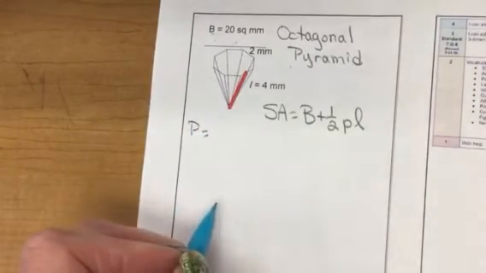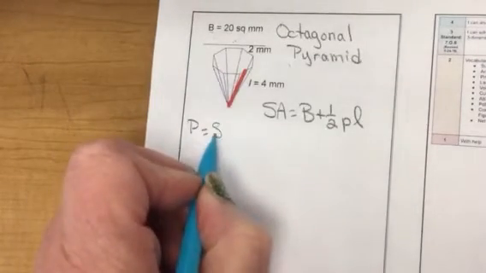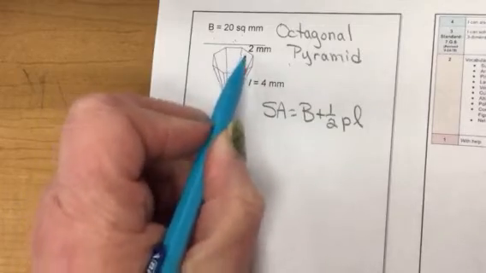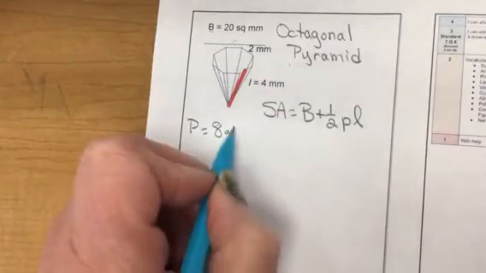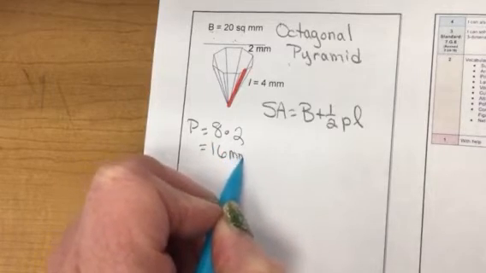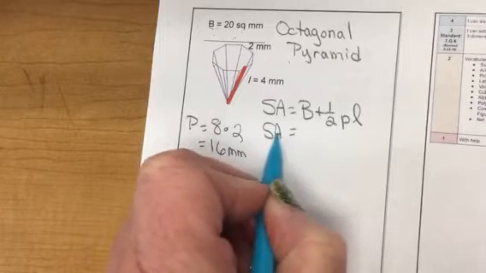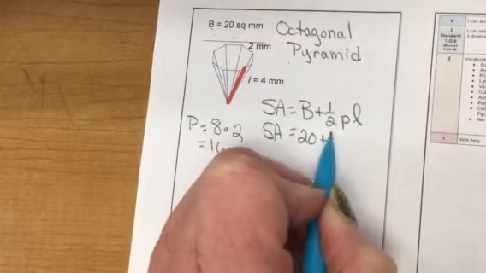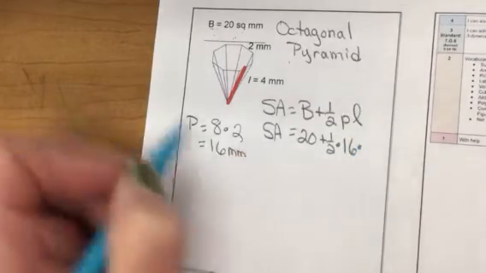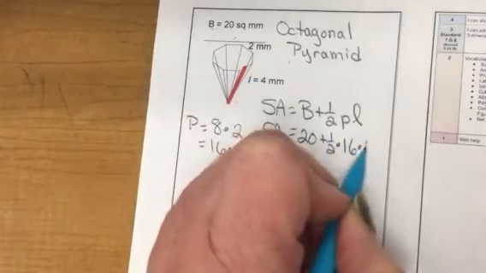Well, if it's an octagon, it has how many sides? 8. 8 times each side is 2. 8 times 2, 16 millimeters. So surface area is 20 plus 1/2 times 16 times lateral height, that's this red line here, of 4.